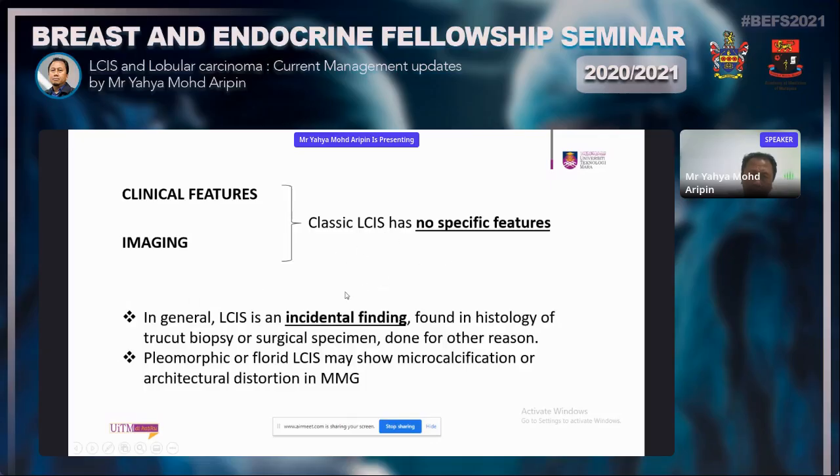So LCIS basically is an incidental finding. It's found in biopsies done for other reasons. But in certain rare cases, pleomorphic or florid LCIS may show microcalcifications or architectural distortion on mammogram.